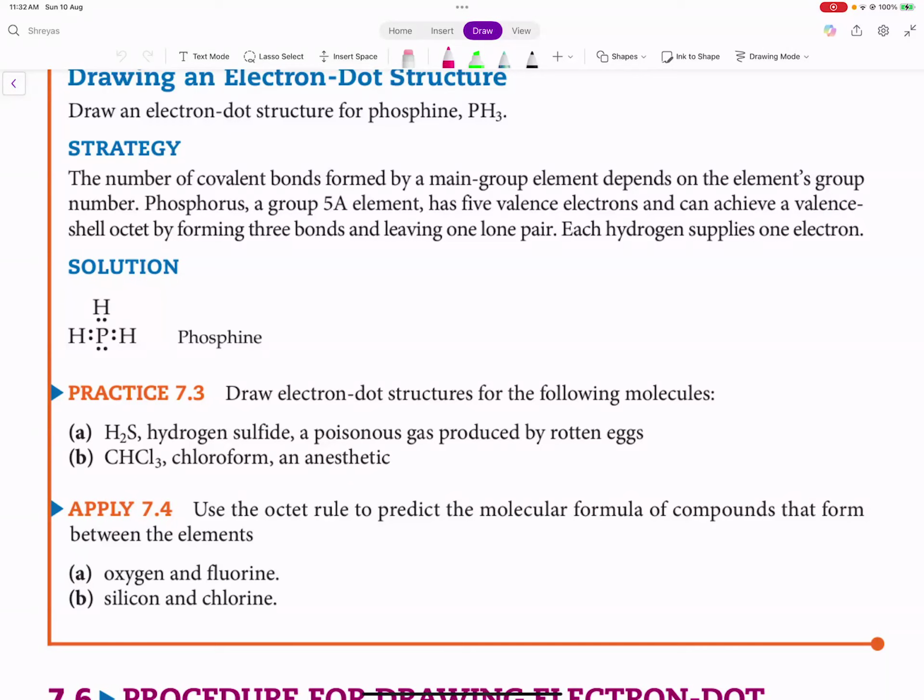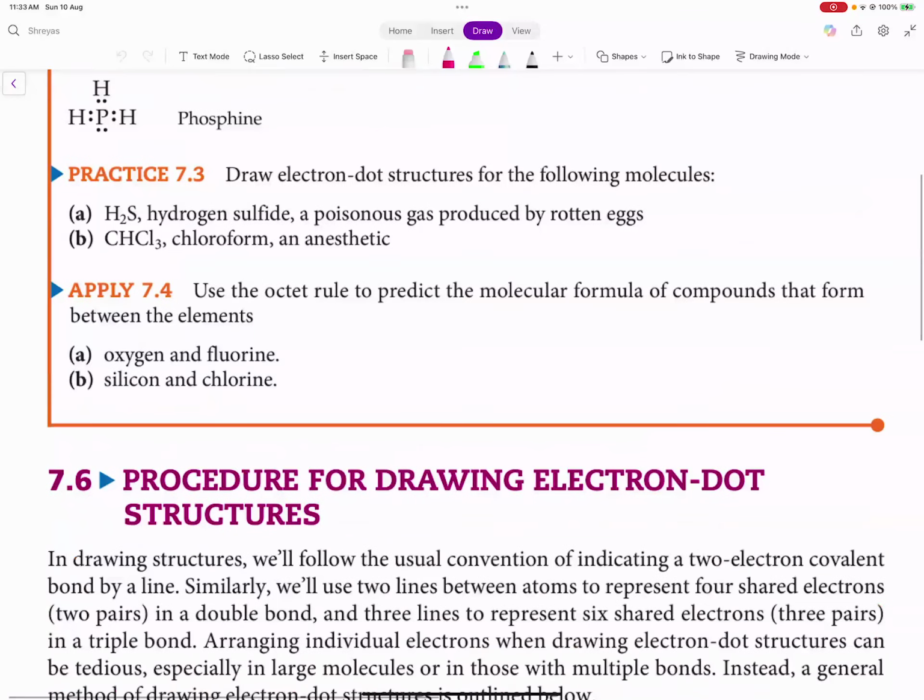Yes, sir, I sent it. Great. There is a procedure.